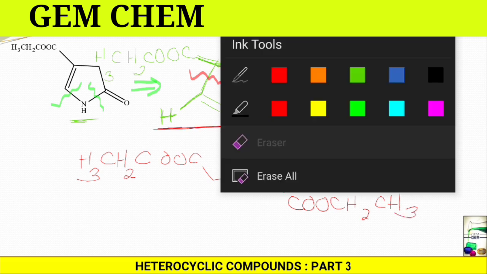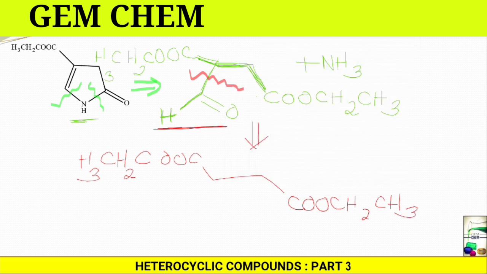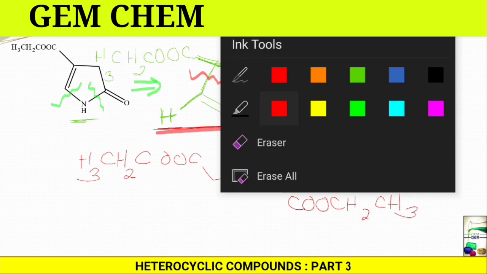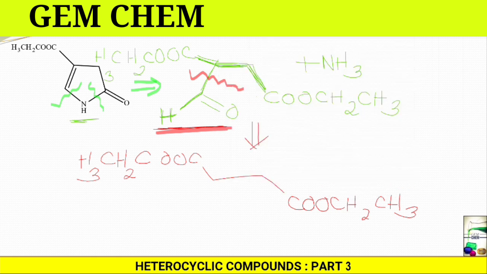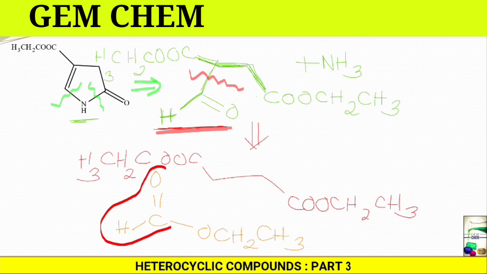Take for this part this particular molecule, H, C double bond O, CH2, CH3. So from here we can easily extract this part, right? So HC double bond O will be obtained from this moiety.